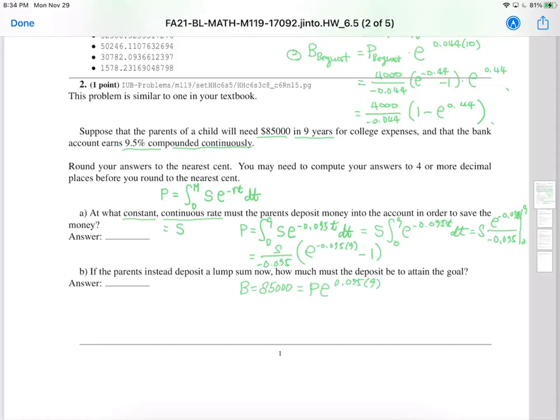So the present value we just computed, so plug in S over minus 0.095 e to the minus 0.095 times 9 years minus 1. So we have an equation. So let's simplify.